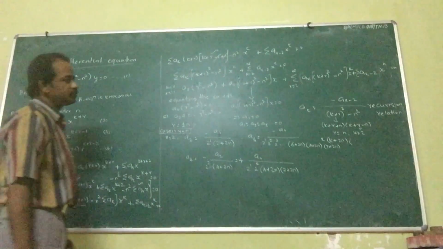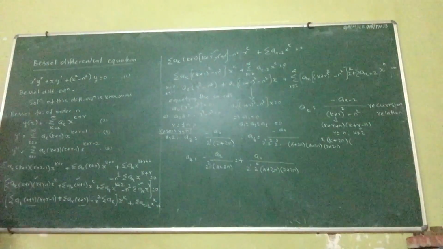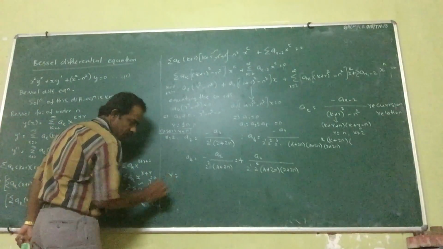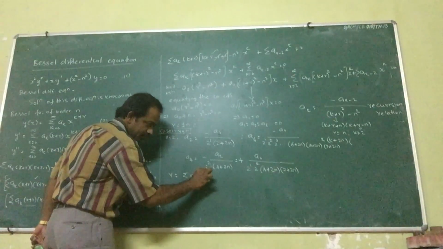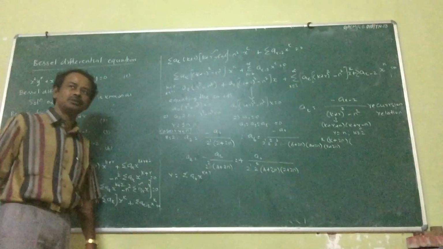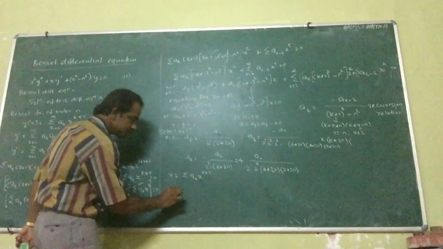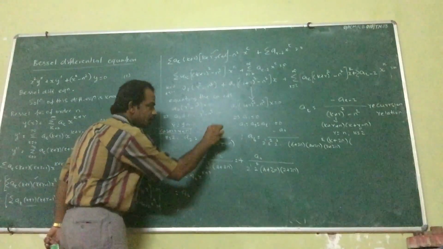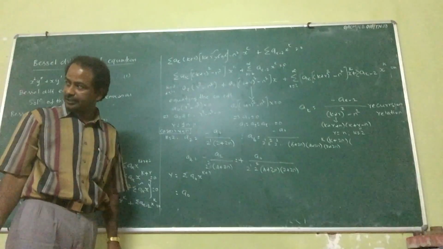Using these coefficients we can form a series using this solution. Okay, can we do it? So we have the solution y equal to sigma a_k x to the power k plus r. Of course we have substituted r equal to plus n here. Because a_0 is a common term, I can pull a_0 out, correct?